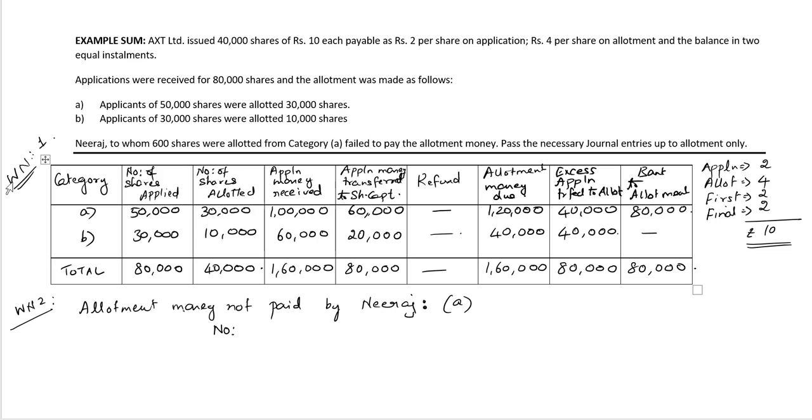So the first column will be number of shares allotted, and for the number of shares allotted, how much of allotment money will be paid, which is bank to allotment figure. Now in category A, for 30,000 shares allotted, the amount payable on allotment after adjusting excess application money is 80,000 rupees.